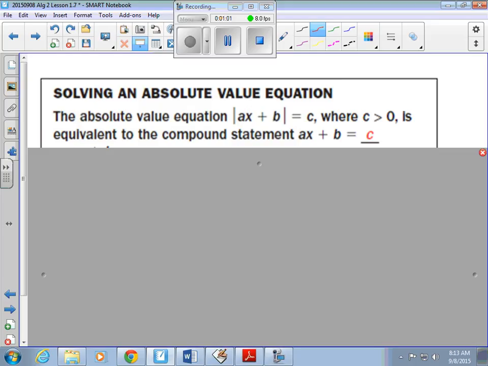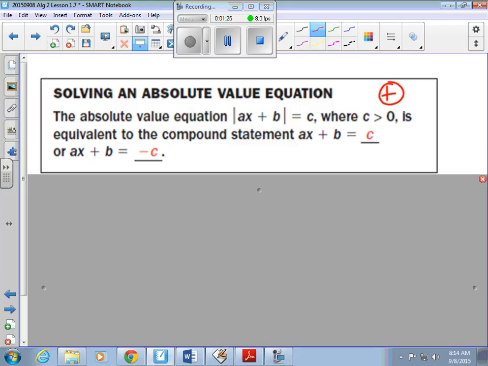Solving an absolute value equation: the absolute value of ax plus b is equal to c, where c is greater than 0, which just means it's a positive number, is equivalent to the compound statement ax plus b is equal to c, and ax plus b is equal to negative c.